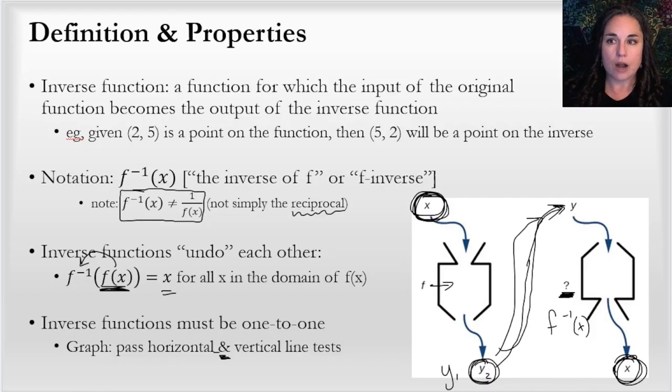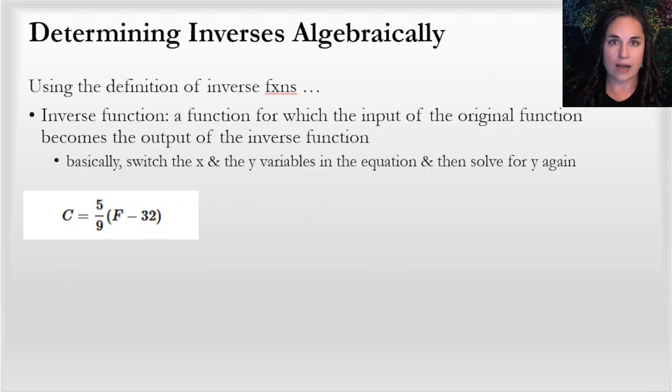We're going to look at some properties of the inverse function, and the first property is, of course, the algebra of it, which I was just talking about. So basically what we're going to do is look at the definition.